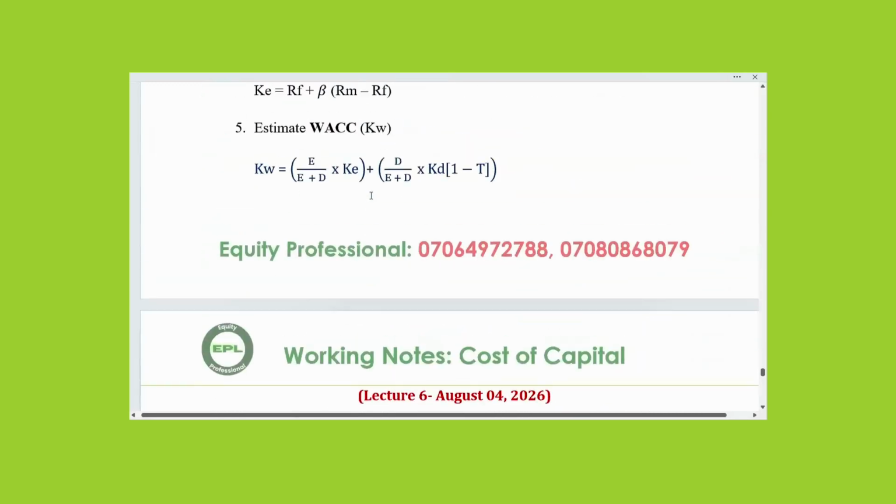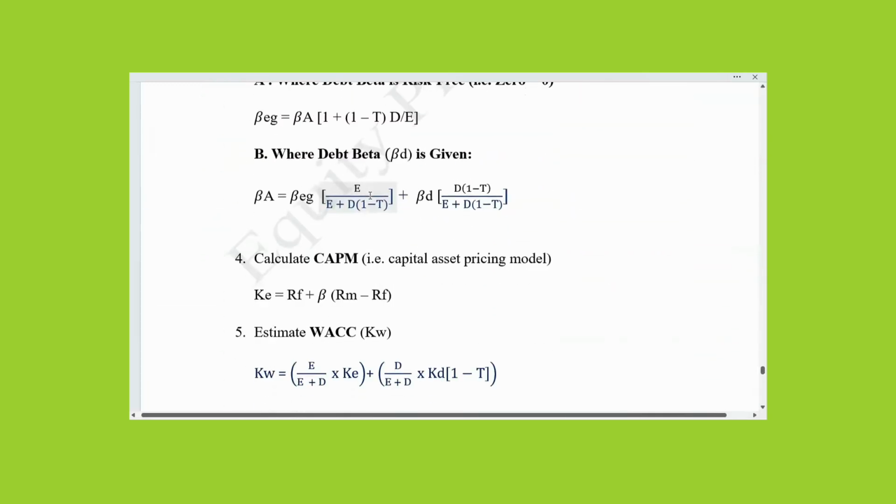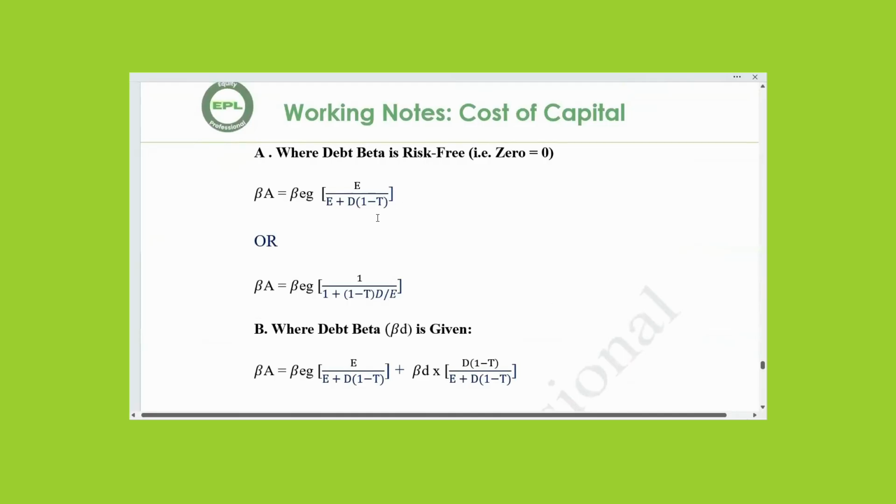So let me go and pick my formula here. Because debt beta is assumed to be risk-free, we can use either of these two formulas. Whichever one we use, we are going to get the same answer.